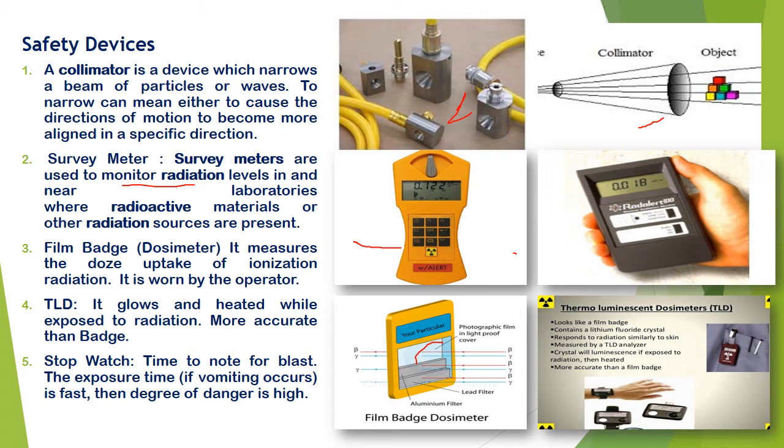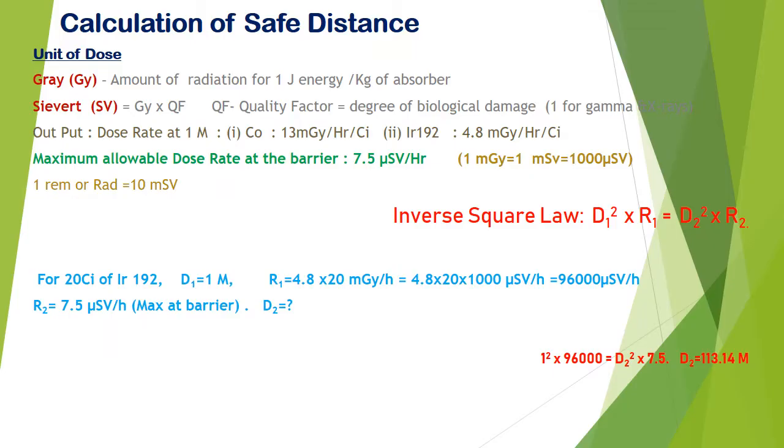Now you should know how far away you have to put the barricade so that nobody enters the radiated zone. For this there is an inverse square formula: D1 squared into R1 equals D2 squared into R2. For example, I am taking 20 curie of iridium 192.